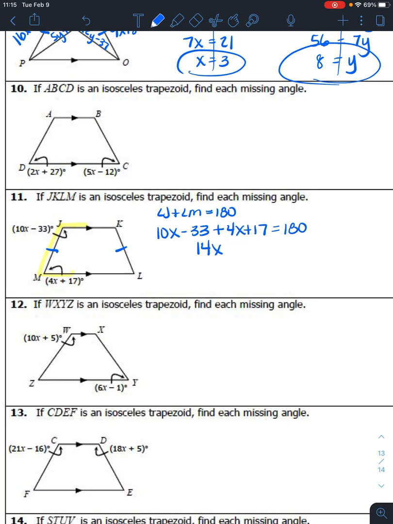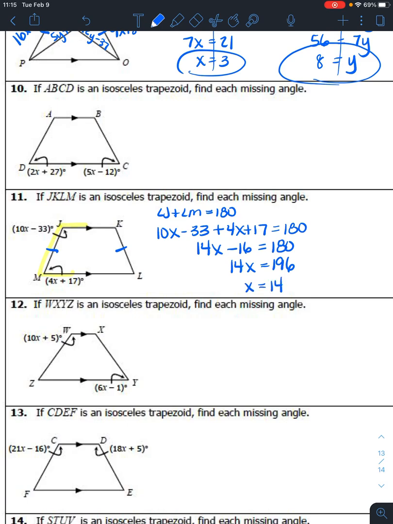Negative 33 plus 17 is negative 16. So that equals 180. Add 16 to both sides. You get 196, so 14x is equal to 196. Divide both sides by 14, and you get that x is equal to 14.